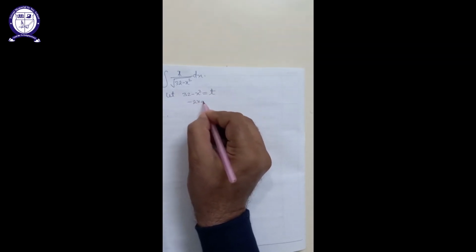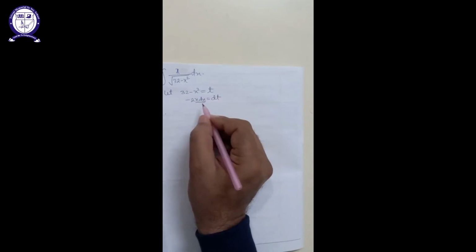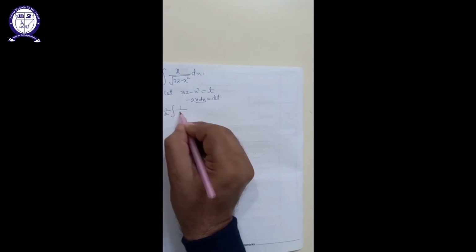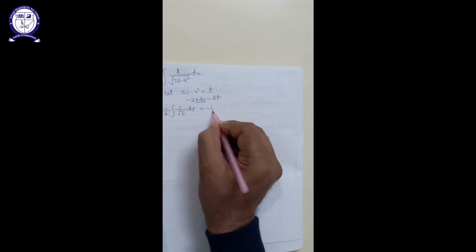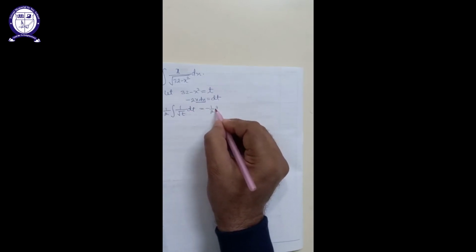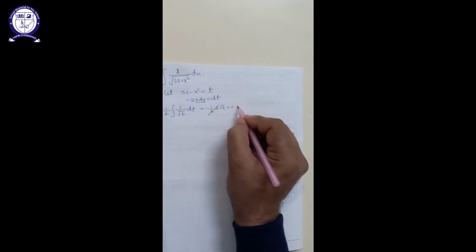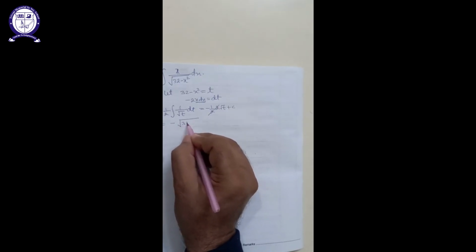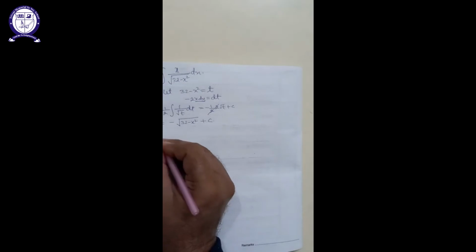Therefore, minus 2x dx is equal to dt. In place of x dx, you can write minus 1 by 2 dt upon root t. The integration of 1 by root t is 2 root t plus c. This will cancel. The answer is minus root of 32 minus x square plus c. Clear? This is question number third.